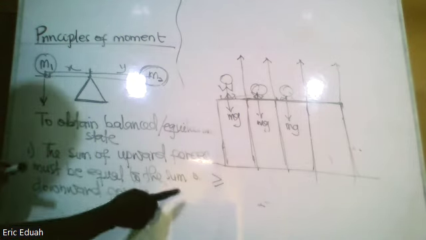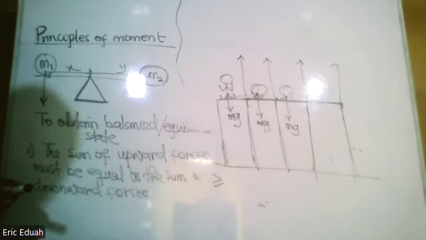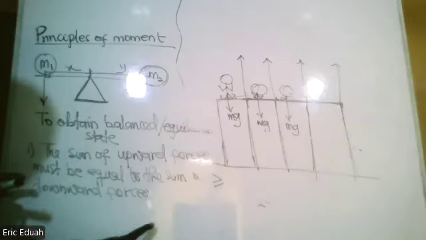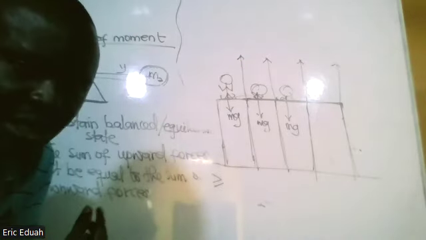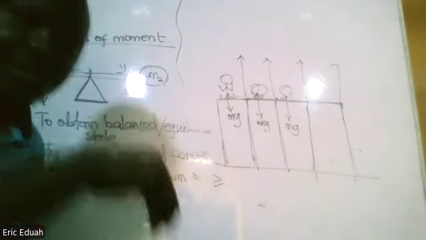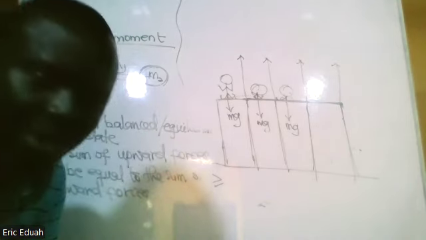If the sum of downward forces is greater than the sum of upward forces, accidents would occur. The reaction forces must be equal or greater than the action or downward forces.